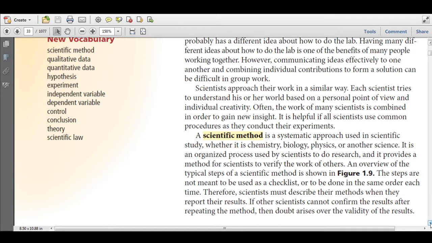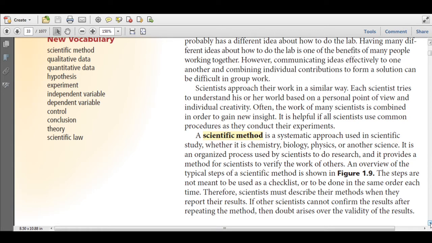This common procedure we call the scientific method, which is a systematic approach used in scientific study, whether it's chemistry, biology, physics, or any other science. We can use the scientific method in pretty much anything.